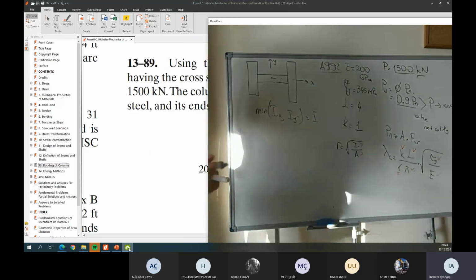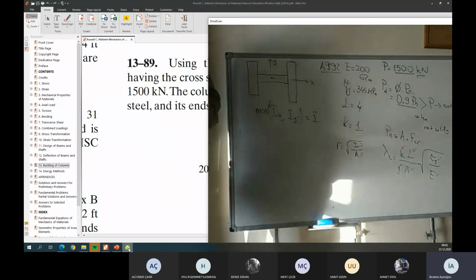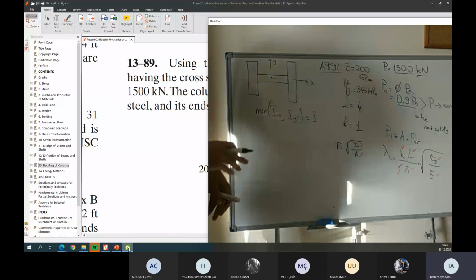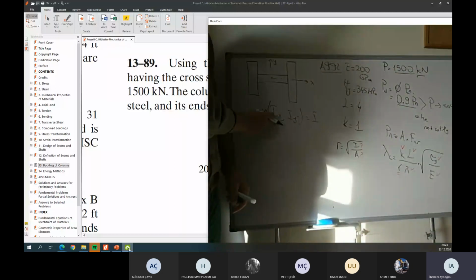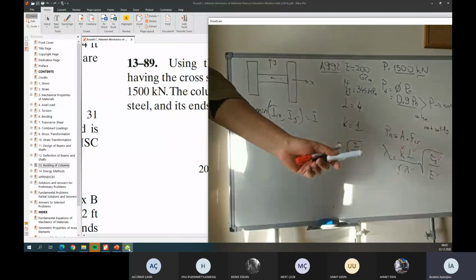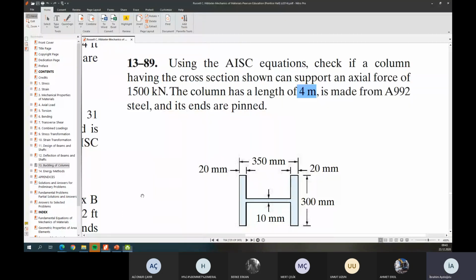For example, if you're sure that Ix is definitely the minimum, we don't need to compute Iy, and we can directly take the Ix value. But if you're not sure which one is lower, I prefer to compute both and compare them. Mostly, in general, the moment of inertia about this direction is larger than this direction.